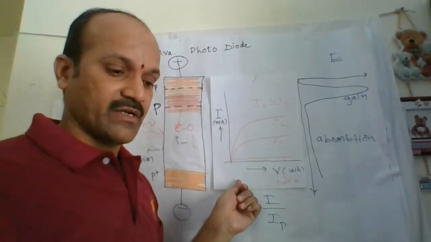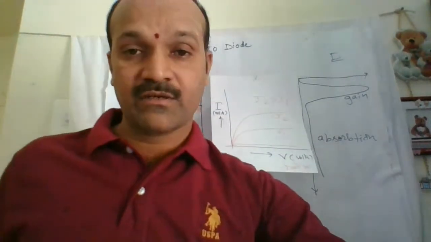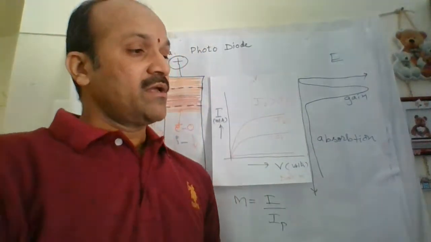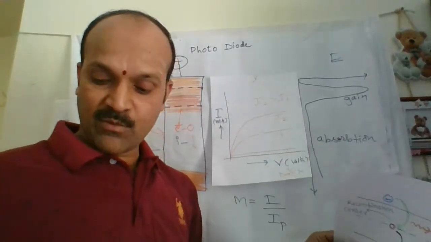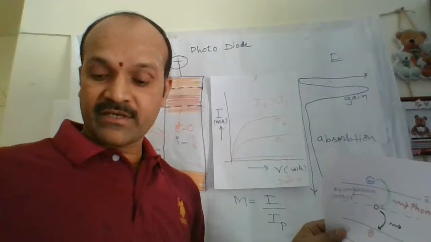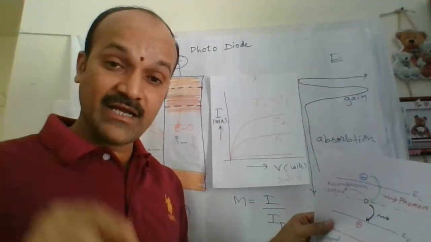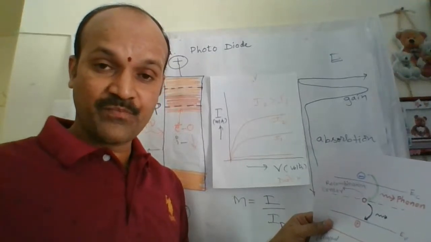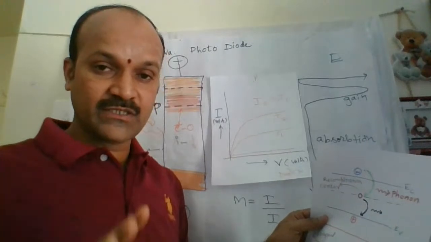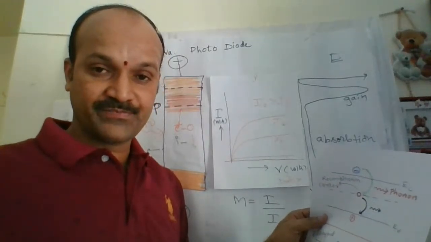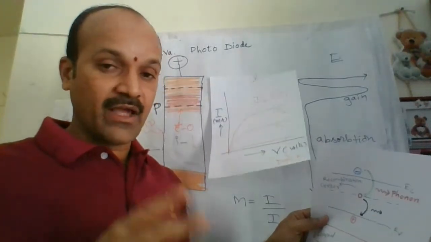Now let us come to another very important topic. We discussed about direct and indirect band gap semiconductors and radiative and non-radiative recombinations. We discussed about radiative recombination in direct and indirect band gap semiconductors.